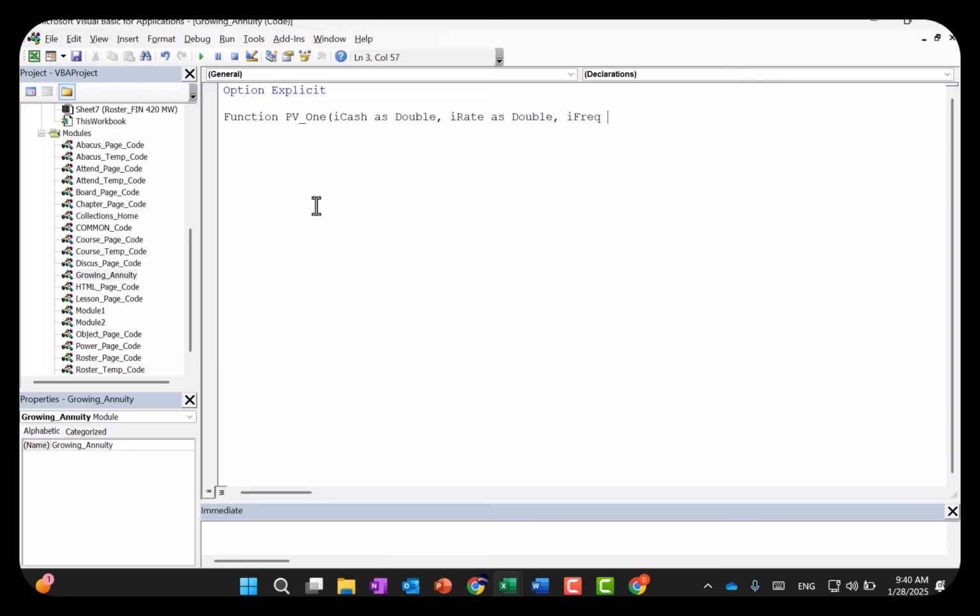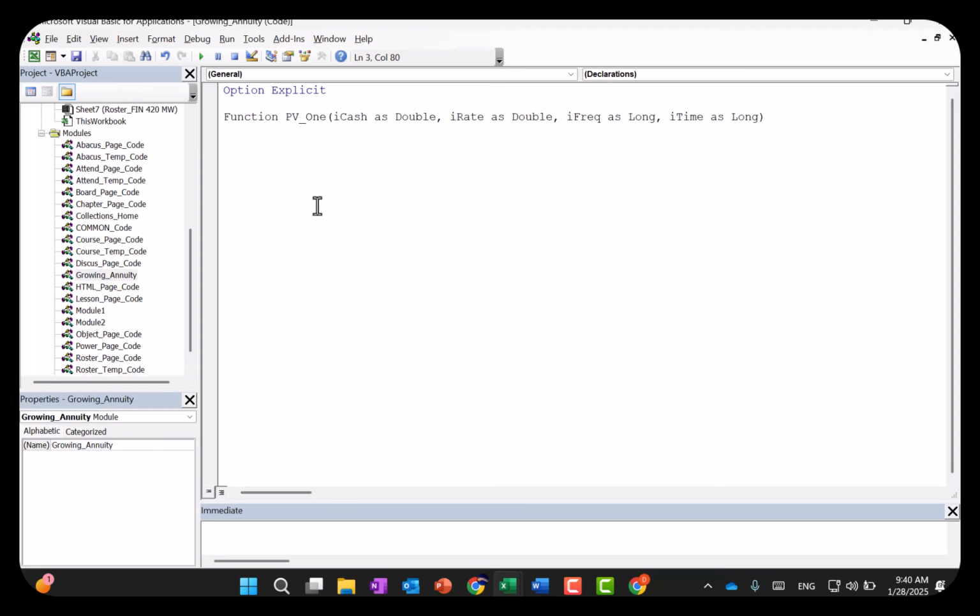I'm going to make frequency a long integer, which means it's a data type that can accommodate up to plus or minus 2 billion or so. And iTime is long as well.